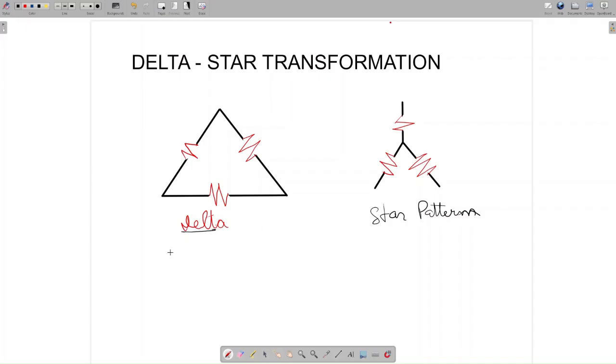Delta pattern can also be in this form. And star pattern can also be in the T format. So sometimes star pattern is also called T pattern.